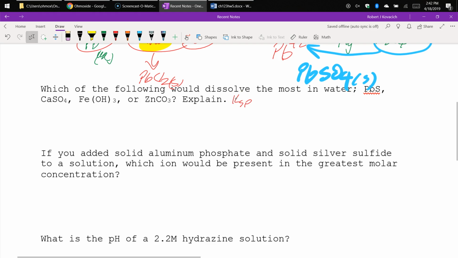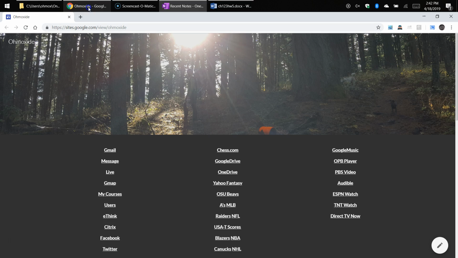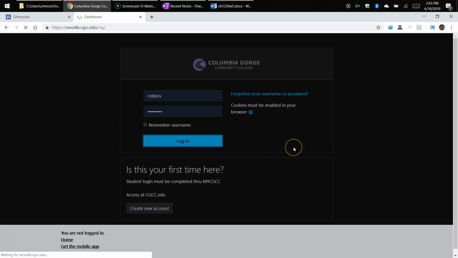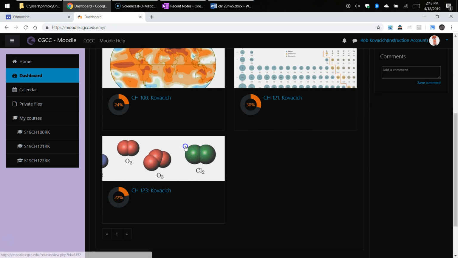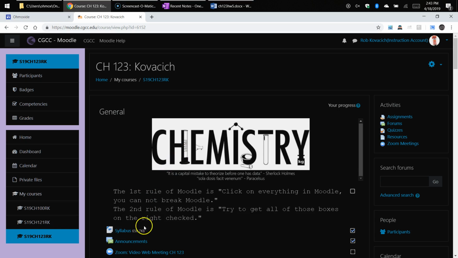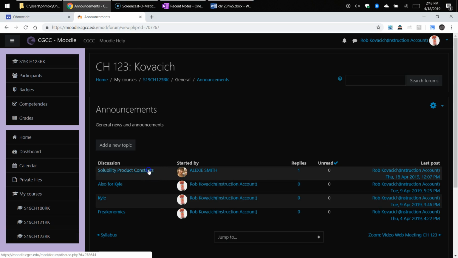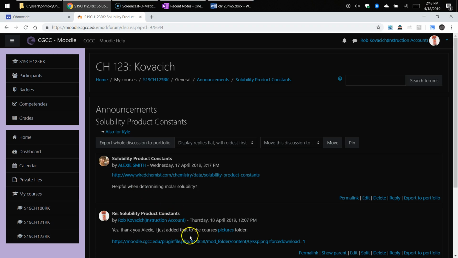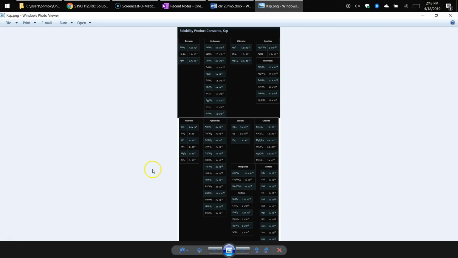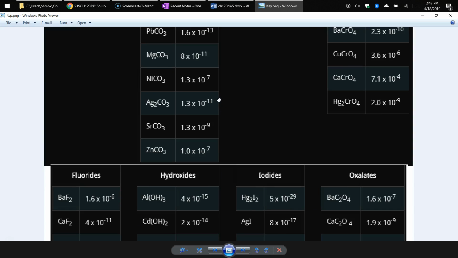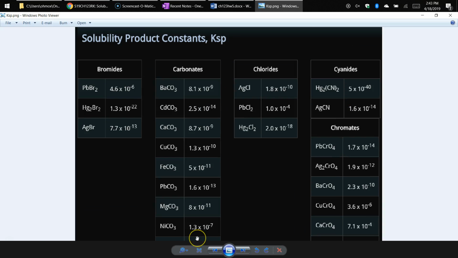What you're going to actually have to look for is the KSP for each one of those substances. Lexi posted this thing and I stole it, turned it into a picture, and here it is. And these are the KSPs for a whole bunch of different substances.